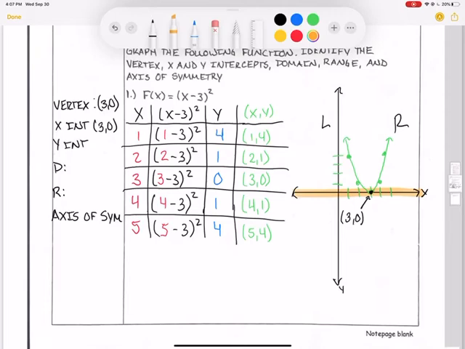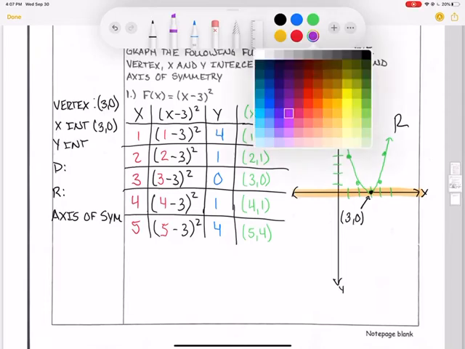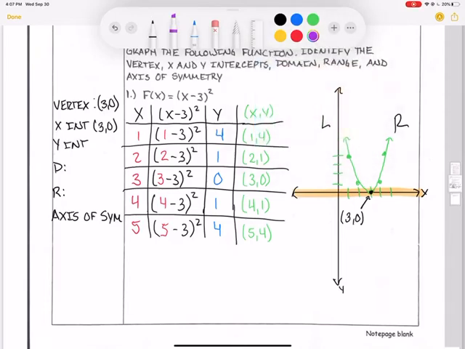My y-intercept, it doesn't really show, based on the graph that I have, what my y-intercept is. I do know that it's where the graph crosses the y-axis, and if you look at that green arrow, it doesn't quite hit the y-axis. What we can do is we can solve for it. I know that my y-intercept means that my x value has to be 0.